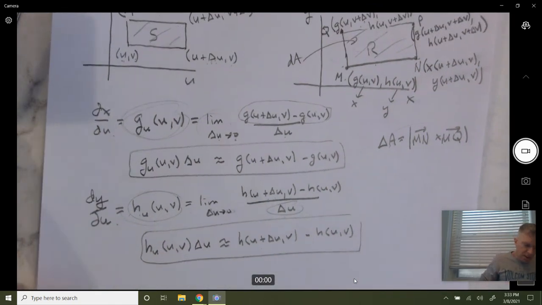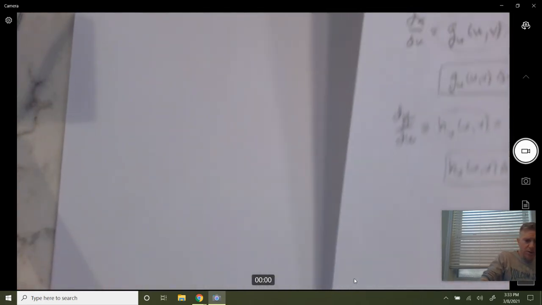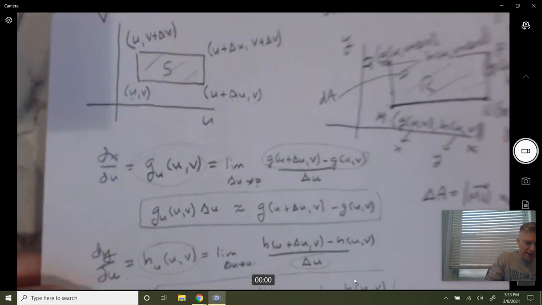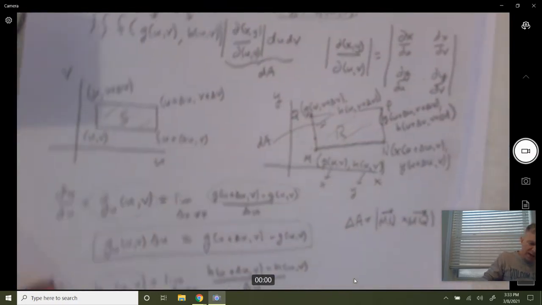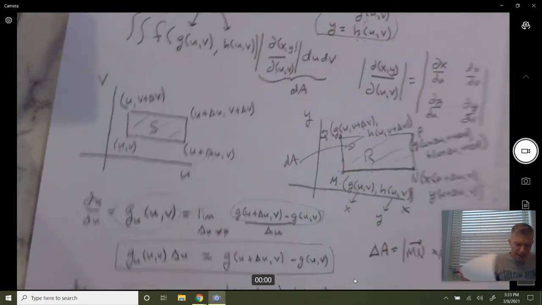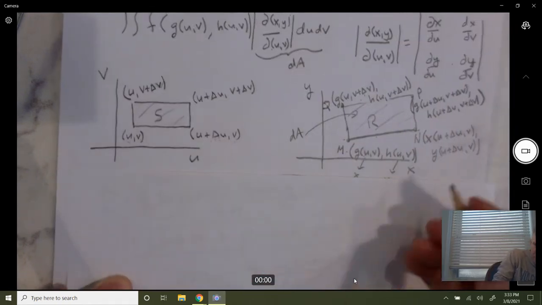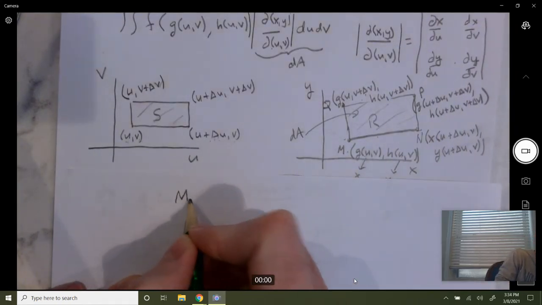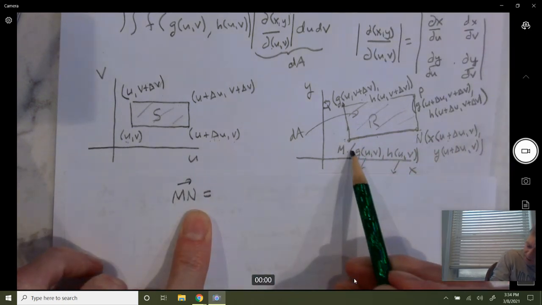Now let's move on to the next thing I want to talk about. I'm actually going to do this on another page because we're going to be referring back to this. So now I'm going to define MN and MQ. MN from up here, this vector, is equal to just final minus initial.